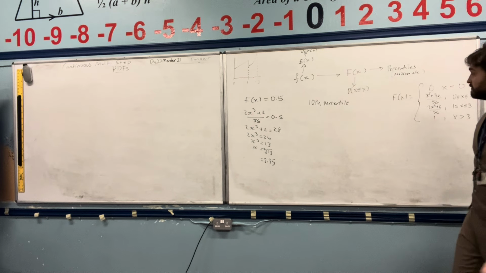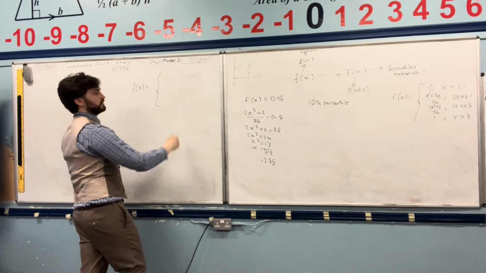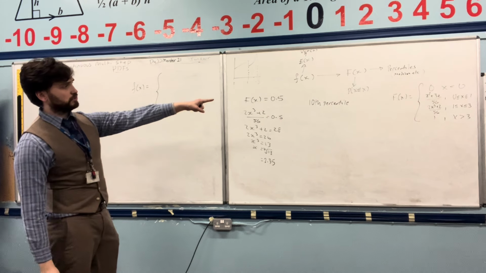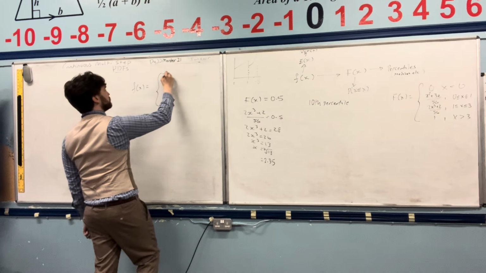So going backwards, f of x is equal to, actually, I'll just do the first one first. I'll set it up like a normal PDF. So it would be 2x over 56 plus 3 over 56, which is 2x plus 3 over 56, which is exactly what we started with.